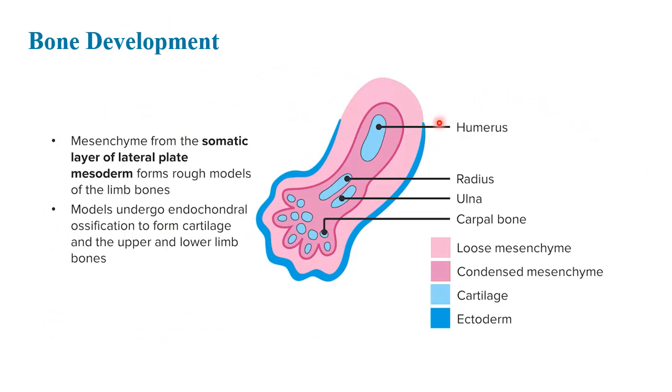Okay. So here, when you have your little fetus that is about 5 to 6 weeks in utero, in development, you have these models or little shapes.